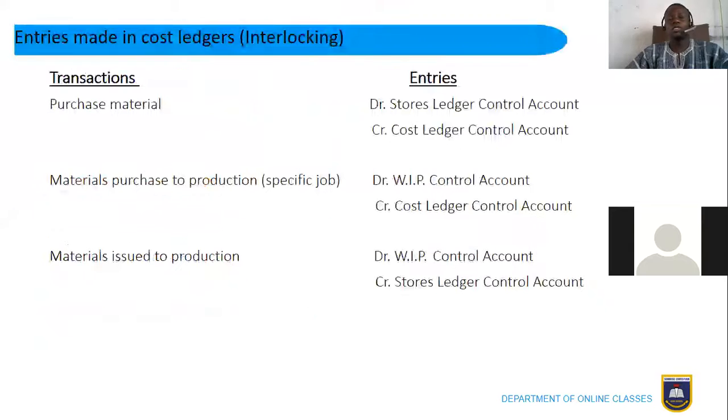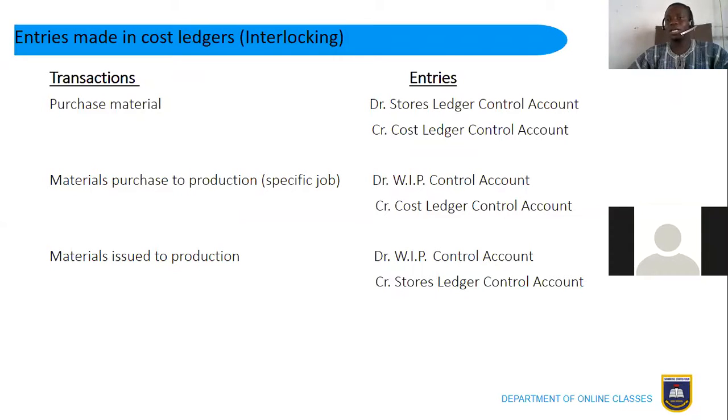Okay. So now, last week we looked at two different types of keeping accounts under cost accounts. We said we have interlocking cost account, and then we have the integrated cost account. With the interlocking, we said that here basically you maintain two separate books of accounts.